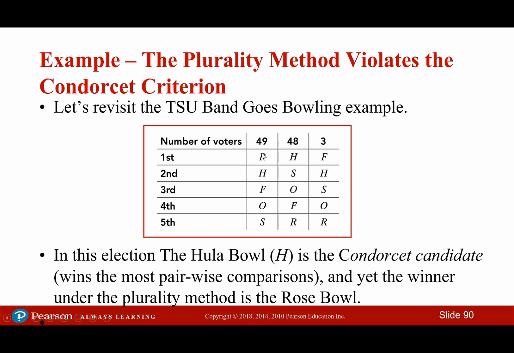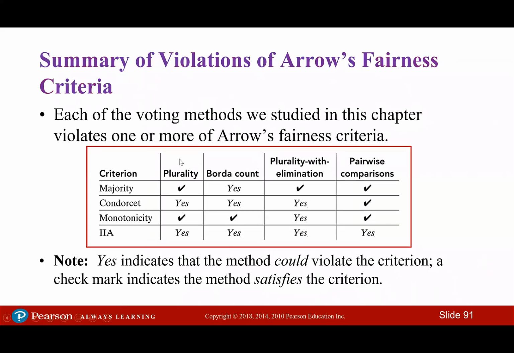The Rose Bowl gets the plurality. But we already calculated, we did this before here. We find out that if you actually do the pairwise comparison test, you find out that the Hula Bowl actually wins out. So do we have a little problem? Yes. We have the fact that the Condorcet candidate should be the winner.